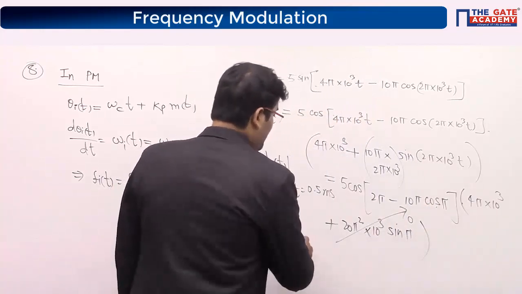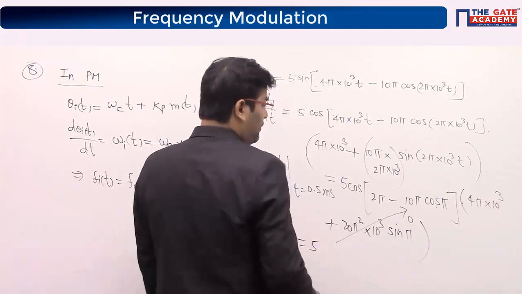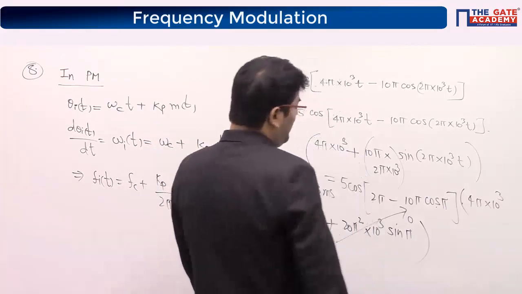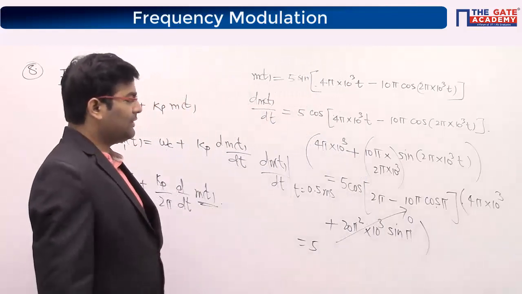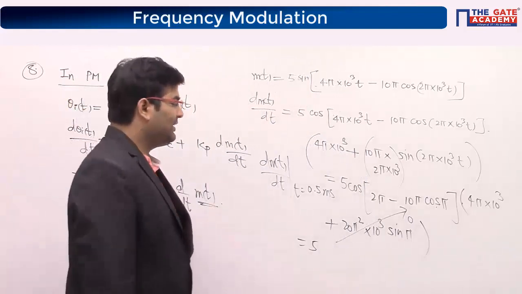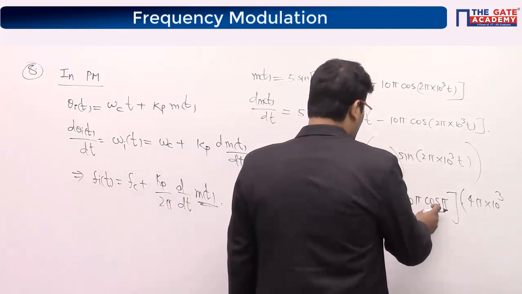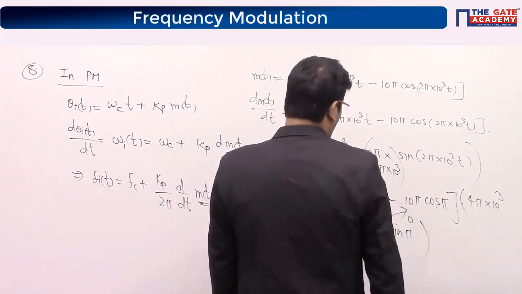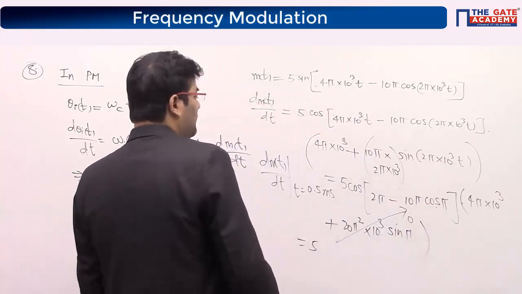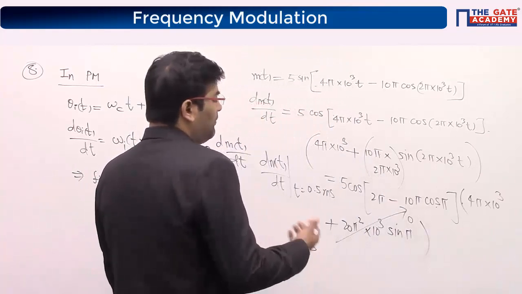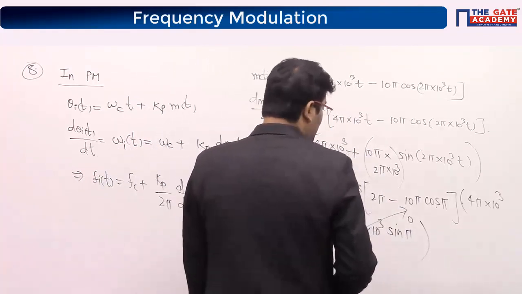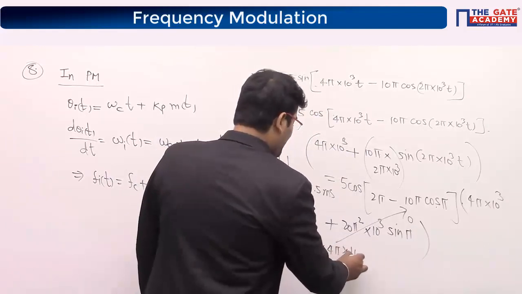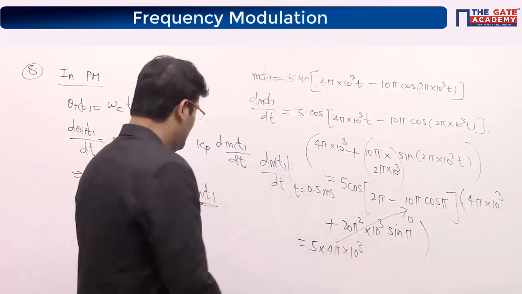So 5 cos and cos 12 pi, guys. So cos 2 pi into 6, right? See, guys, cos pi is minus 1, cos 2 pi is 1. So cos 12 pi is also 1. So 5 into 4 pi into 10^3, I get this term.